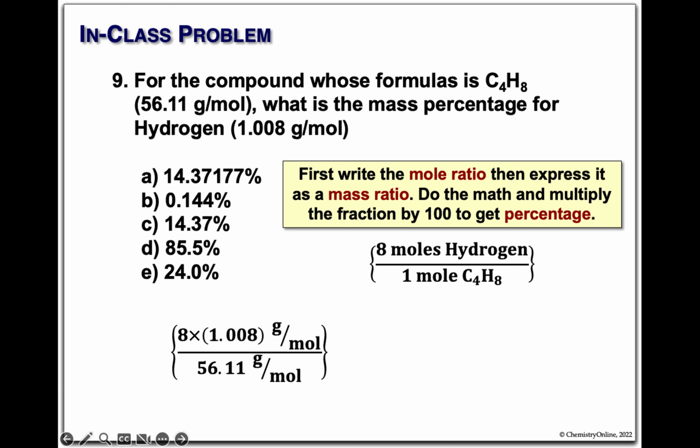We're going to divide that by the molar mass of C4H8, 56 grams per mole. Multiply this out, that's 8 divided by 56. That's the number we get on our calculator.